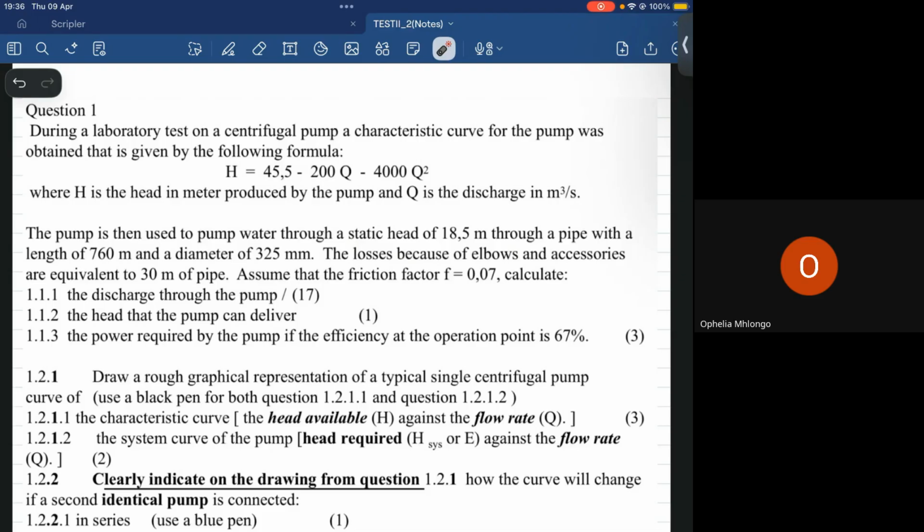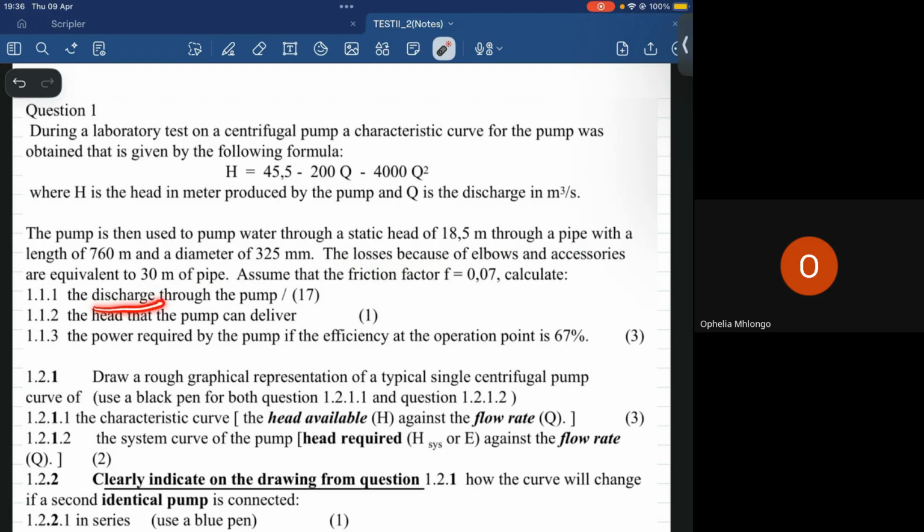You must take the losses because of elbows and accessories to be 30 meters of the pipe. Then assume that the friction factor is equal to 0.07, and then calculate the following.